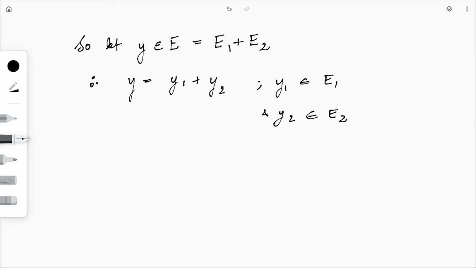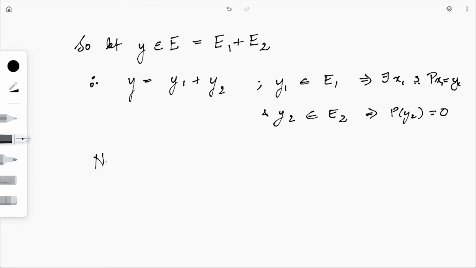Now Y1 is an element of E1. This implies there exists an X1 such that P of X1 is equal to Y1, and Y2 is an element of E2 implies P of Y2 equal to 0. Okay, keep these things in mind.